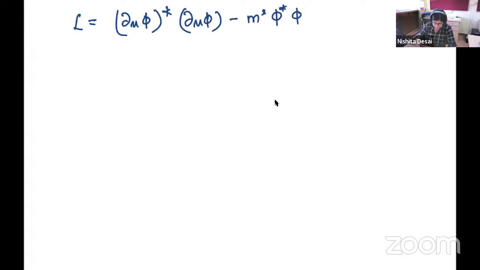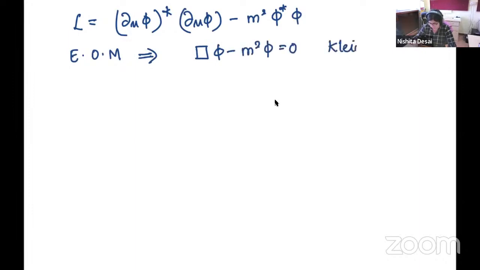Right? And you can do your usual equation of motion, and that would give you this Klein-Gordon equation, right?